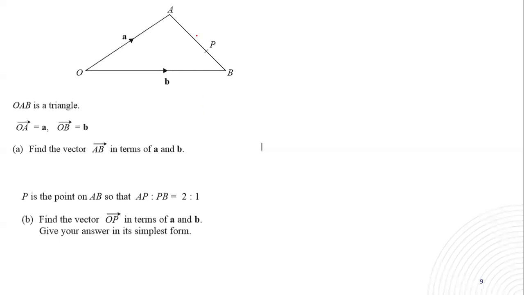So when you look at the vector they have given us, always first read your question and interpret. They have told us that OAB is a triangle, and good enough they have drawn it for us. O to A is a, it is there. O to B is b, it has been represented, and they want us to find the vector A to B.